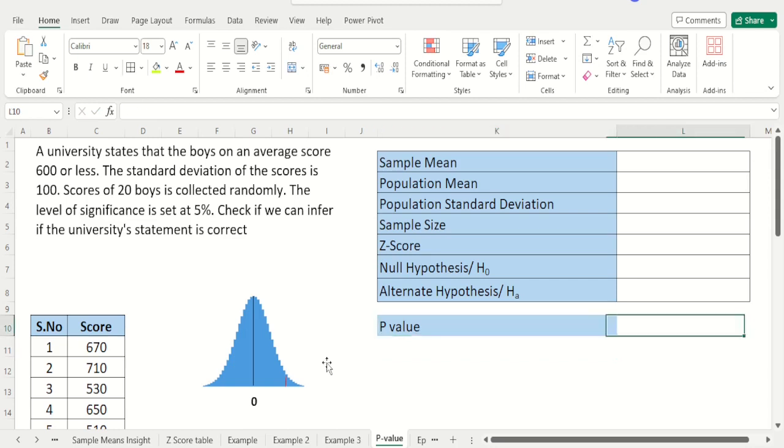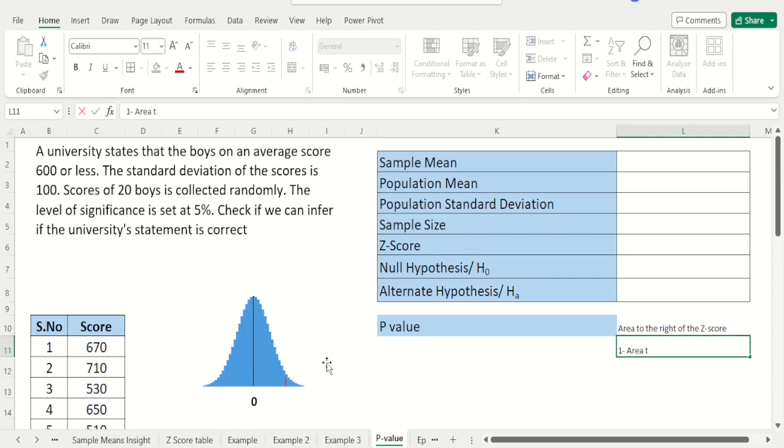So what's the p-value? The p-value is nothing but the area to the right of the z-score. Okay, so how do you get this area to the right of the z-score? The area to the right of the z-score is nothing but 1 minus the area to the left of the z-score.